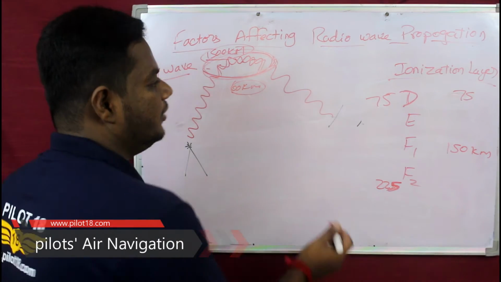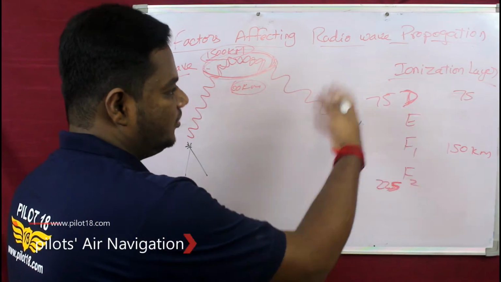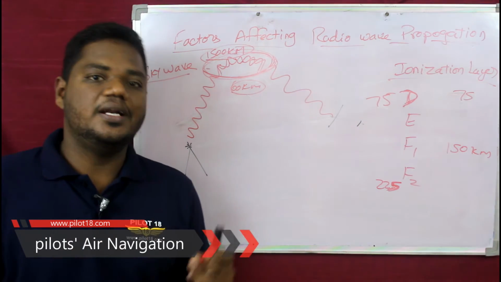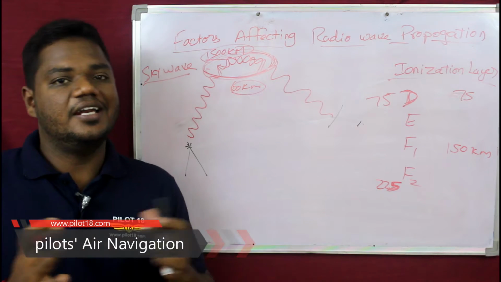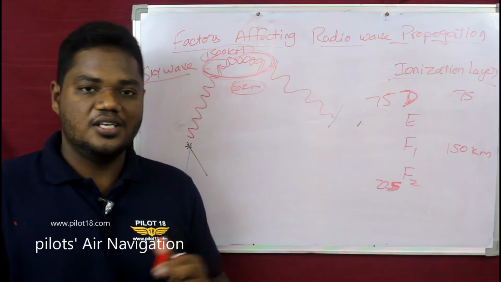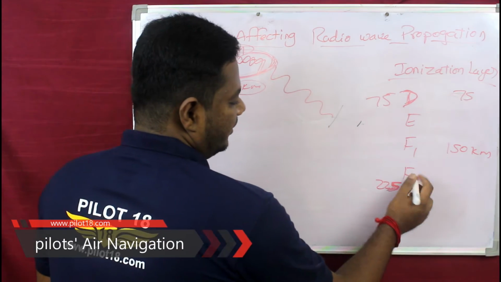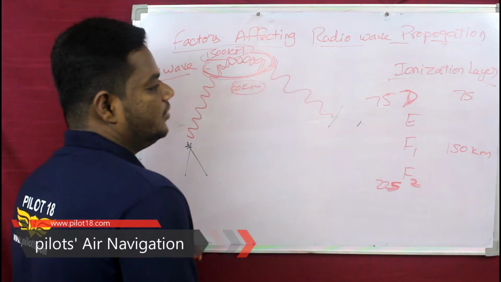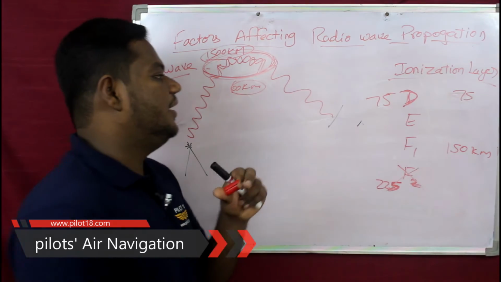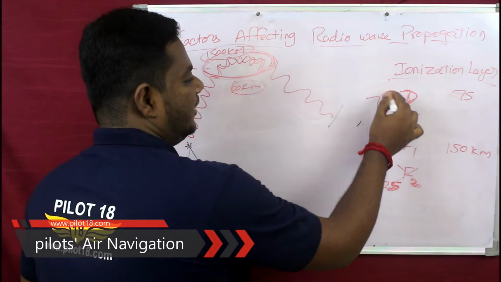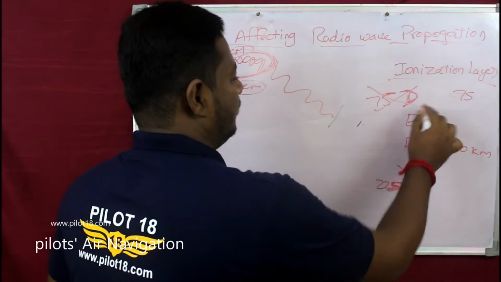So what we are trying to understand is that during summer and day the ionization is strong, and during winter and at night the ionization is weak. During summer it extends up to F2, 225 kilometers, and in winter there won't be F2. During the day there will be the D layer, with ionization starting at 75 kilometers itself, and during night there won't be.